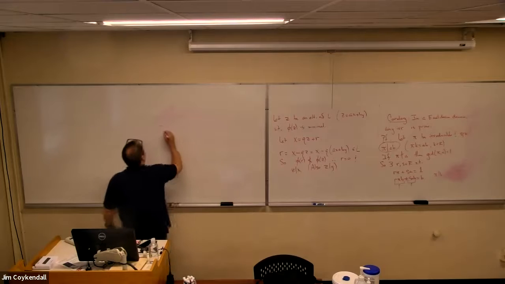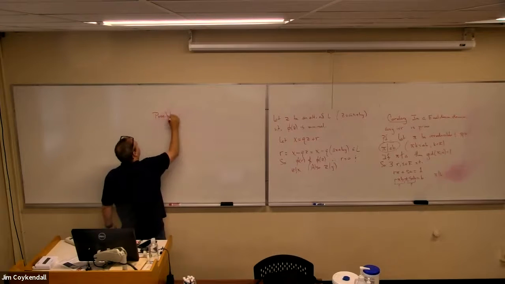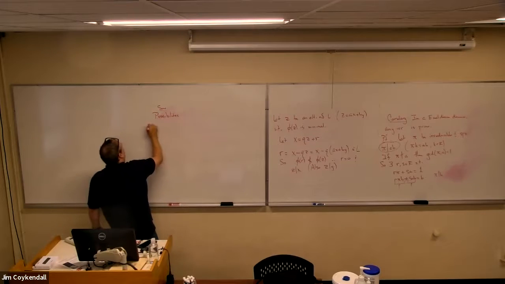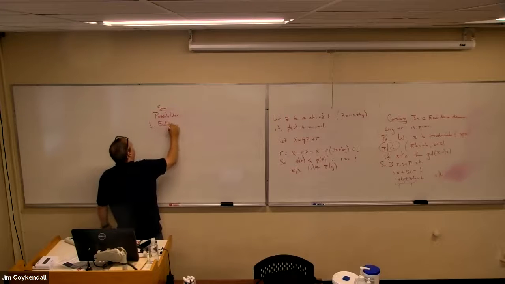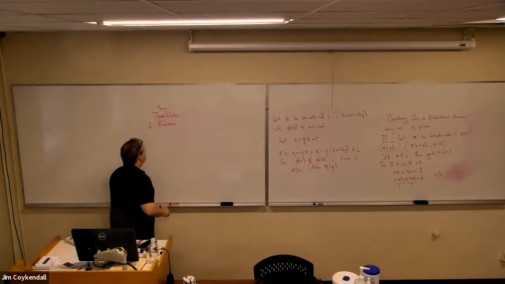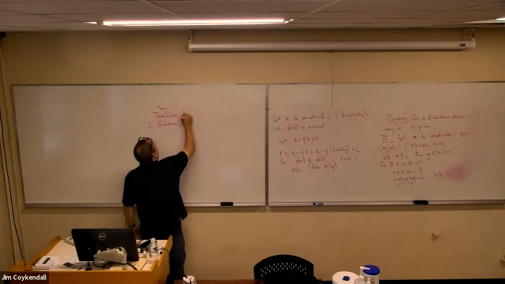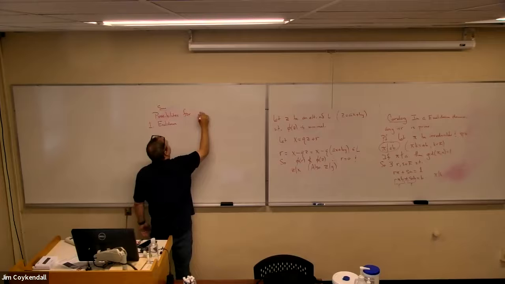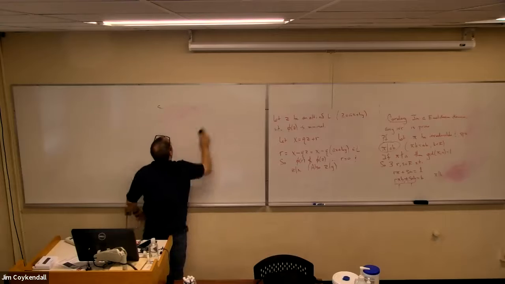So here are the possibilities. Some possibilities, not all of them. One, Euclidean, and some possibilities for... I guess I'll take the time to write this down.